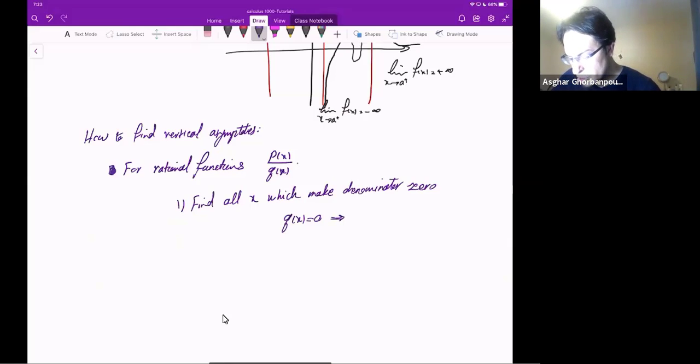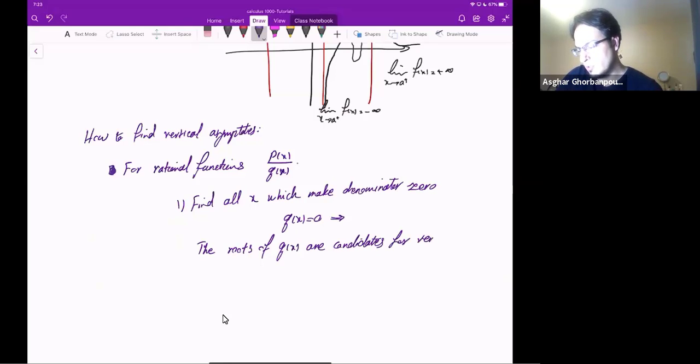The solutions are just candidates. The roots of the denominator are candidates for vertical asymptotes. You may ask, why do you say candidate?